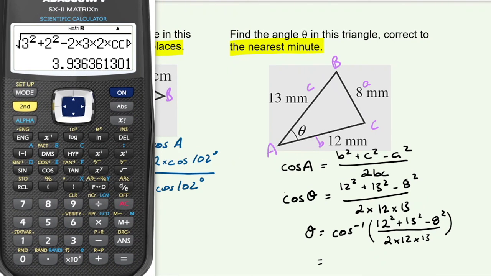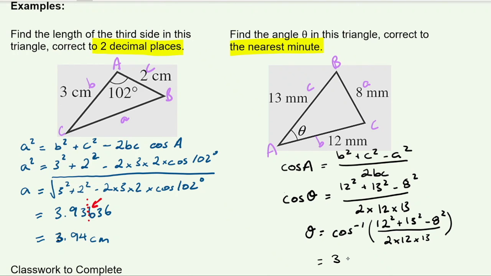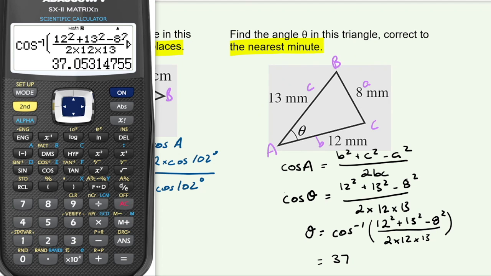Clear it. Alright, so we have second function or shift, cosine. Let's set up our fraction. 12 squared plus 13 squared minus 8 squared. Let's pop down on the next line, 2 times 12 times 13, out of the fraction, close off the bracket, equals, it's going to be 37.0531.